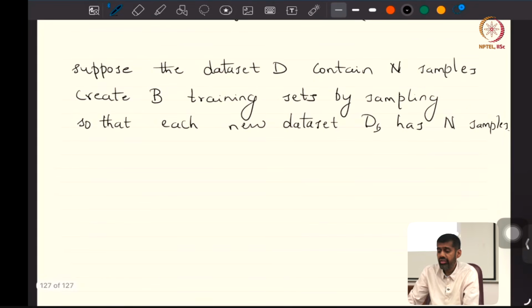Okay. If we have capital B number of data sets, each of which has exactly the same number of samples, n.